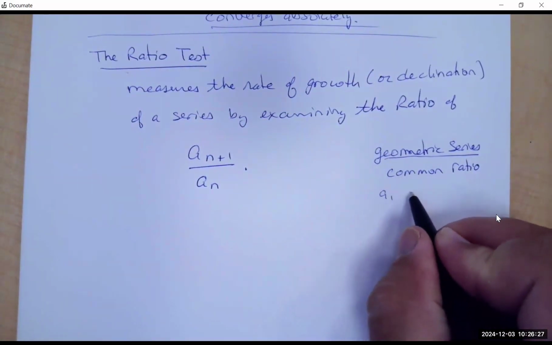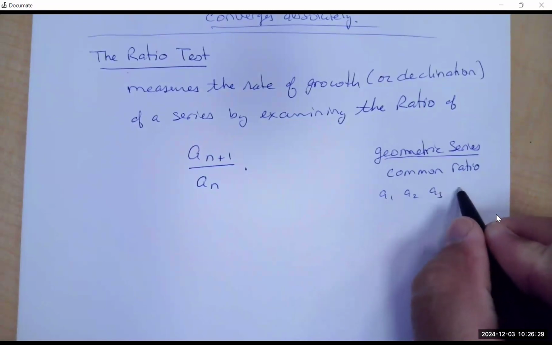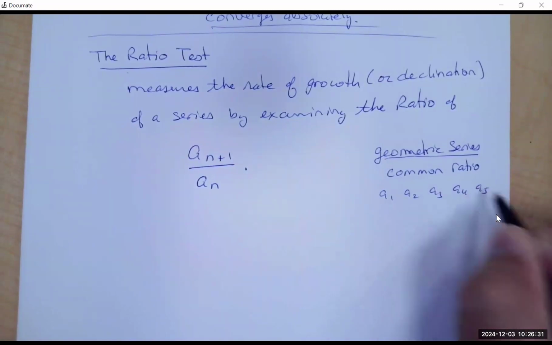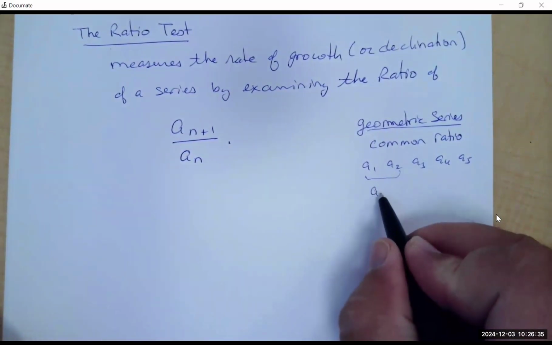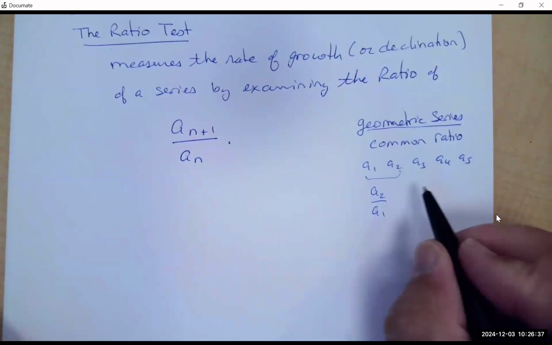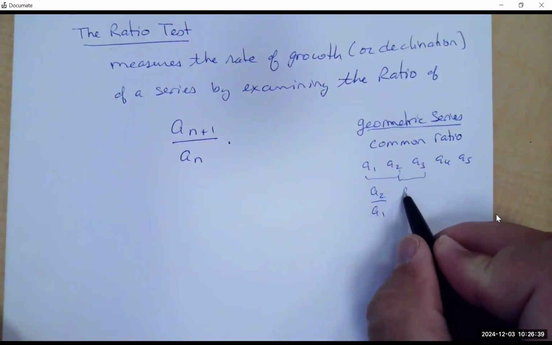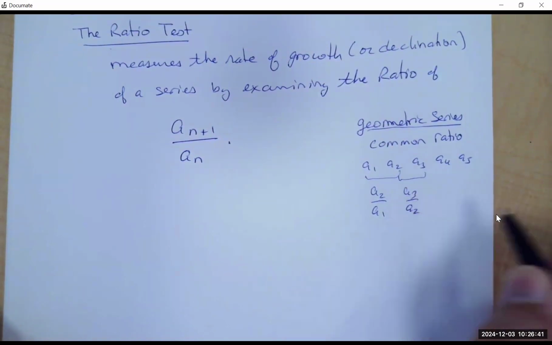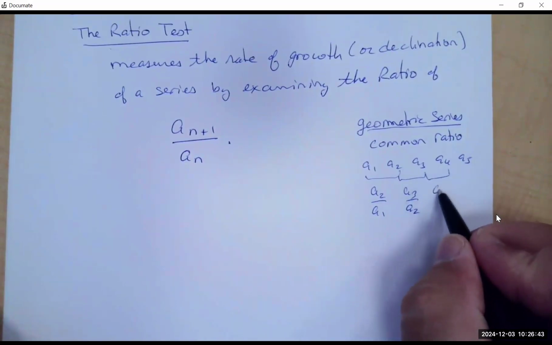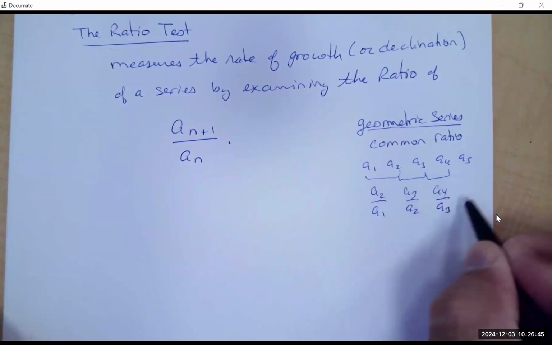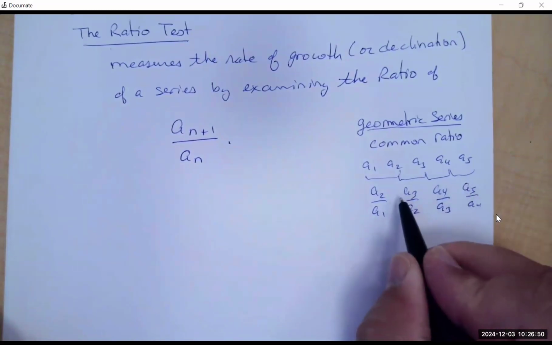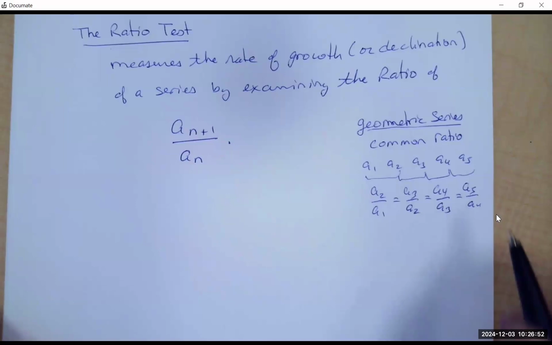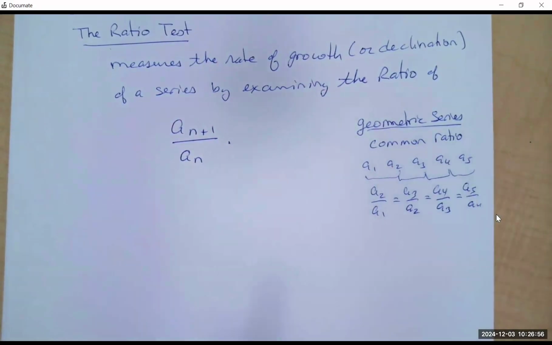So if we have our numbers A1, A2, A3, A4, A5, between any two numbers, A2 over A1, A3 over A2, A4 over A3, A5 over A4, all of these ratios have to be the same. A common ratio. Only works for geometric series.